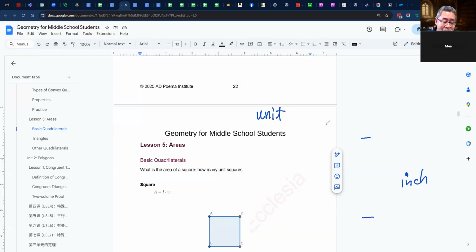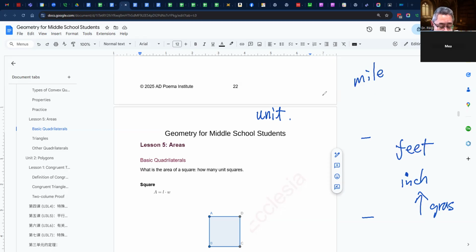Or if you want to measure a distance from your house to Washington, D.C., then inch is not enough. Oh, sorry, actually feet. When we try to measure your height, we use feet. When we try to measure grass, then we use inch because grass is much shorter. Or if you want to measure distance from your house to Washington, D.C., then we're going to use miles.